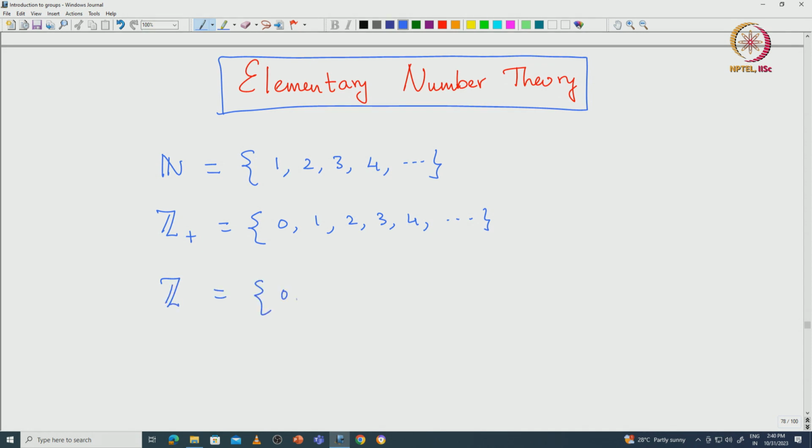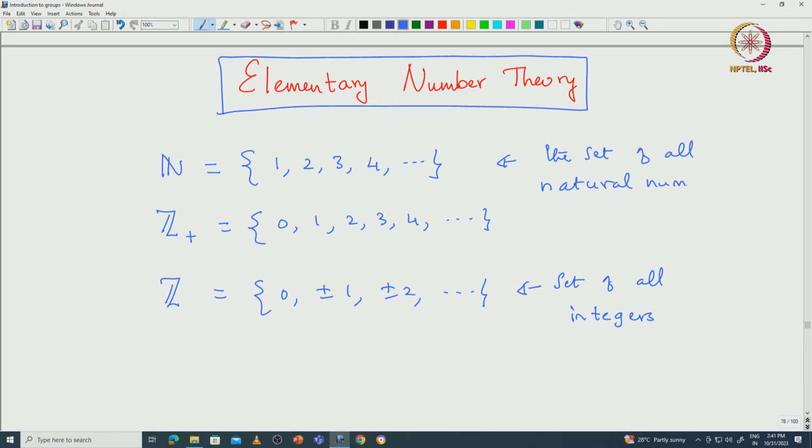So this is 0, plus or minus 1, plus or minus 2 and so on. So this is the set of all integers. This is the set of all natural numbers. And this we call non-negative integers.